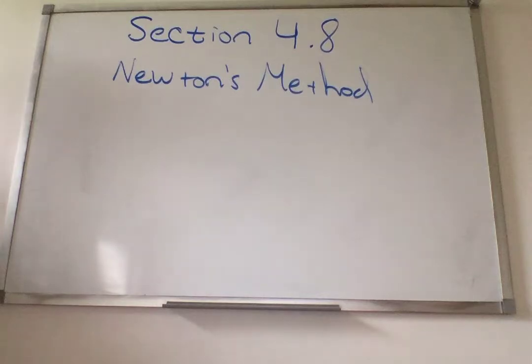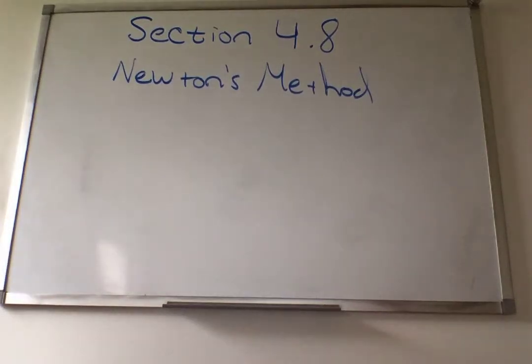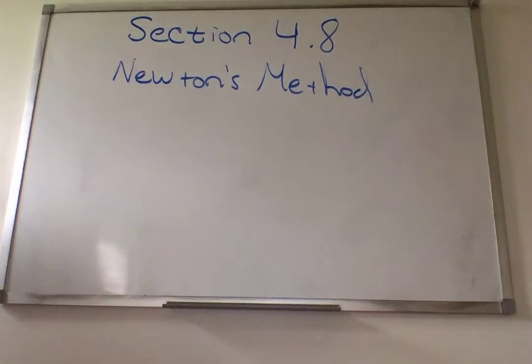Now, let me tell you what Newton's method is used for. Newton's method is a good way to find zeros of a function. It's a numerical method to find the zeros, and since it's a numerical method, it's easily programmable.